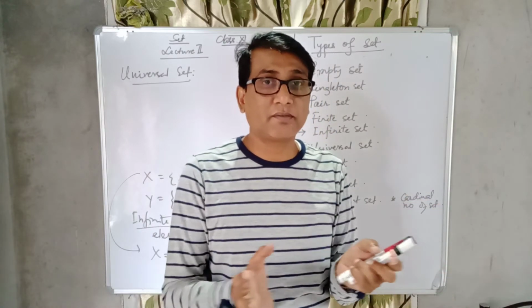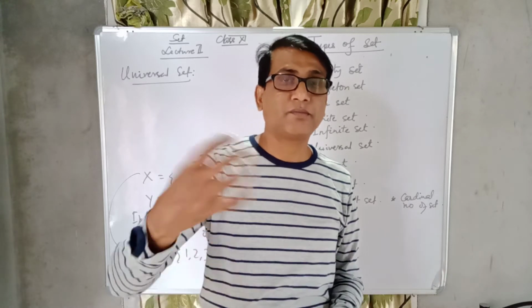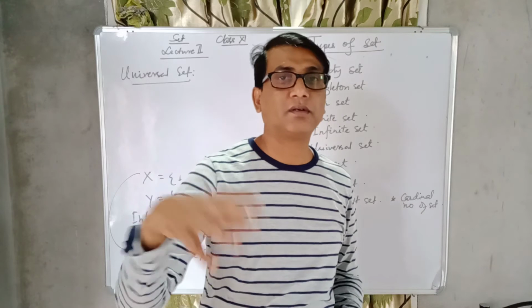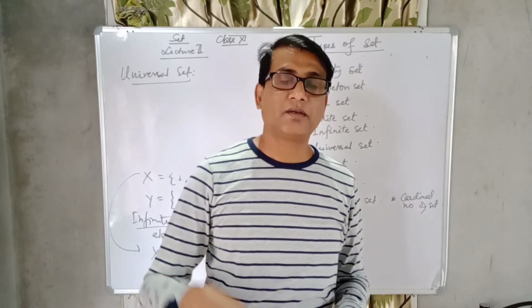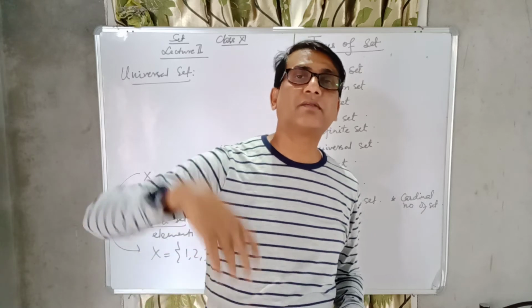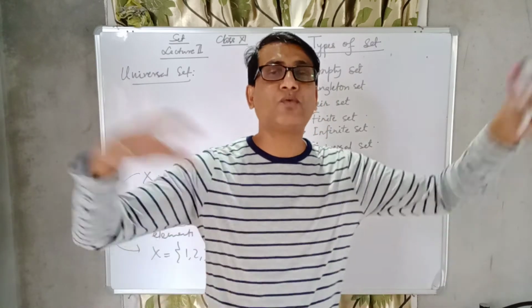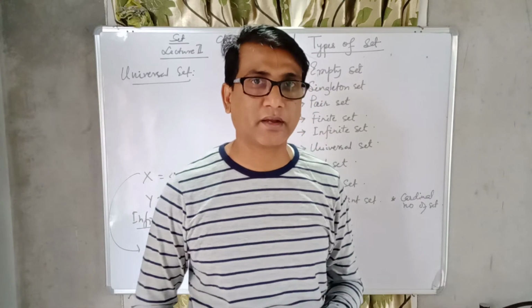The people of Guwahati city form a set, and considering this set, the people of Assam is known as the universal set for Guwahati. Similarly, we can take the people of India as a universal set, and the whole world also we can take as a universal set. Universal means the whole universe we can take.